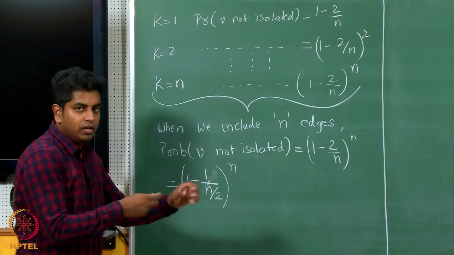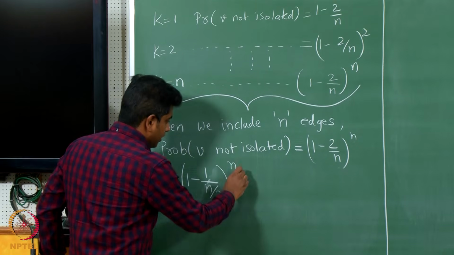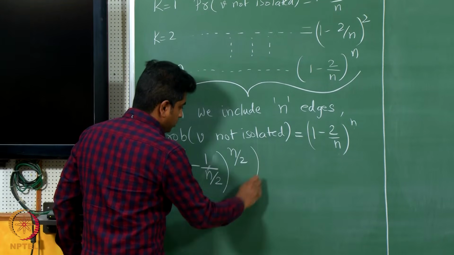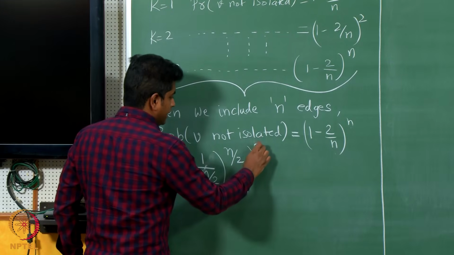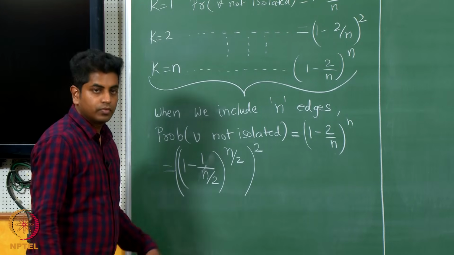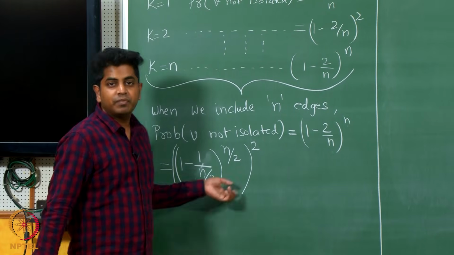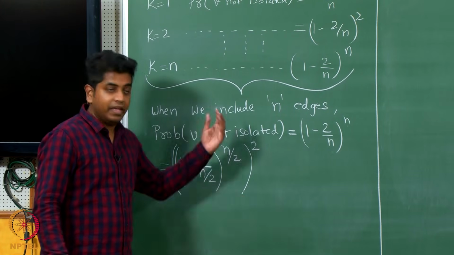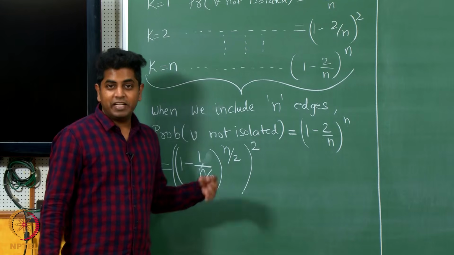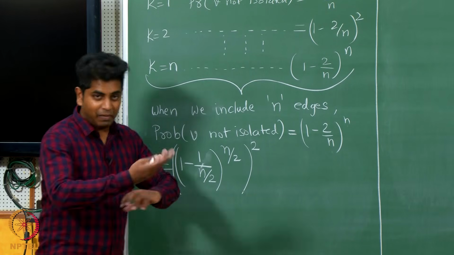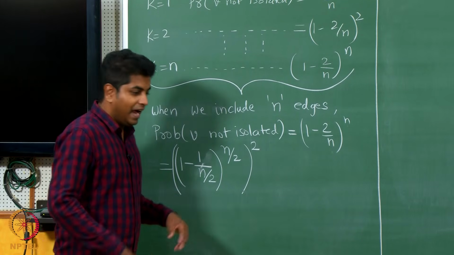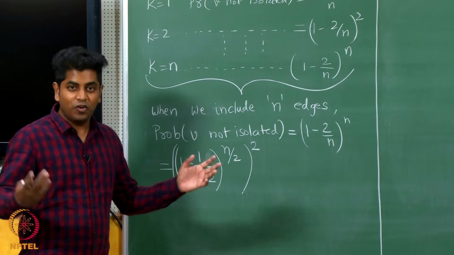I will do a small fine tuning here. I divide this by 2 and multiply it by 2. The usual trick that we do in mathematics. If something does not look very nice, we make it appear nice by multiplying and dividing by the same number, adding something on LHS and RHS, we know those tricks.